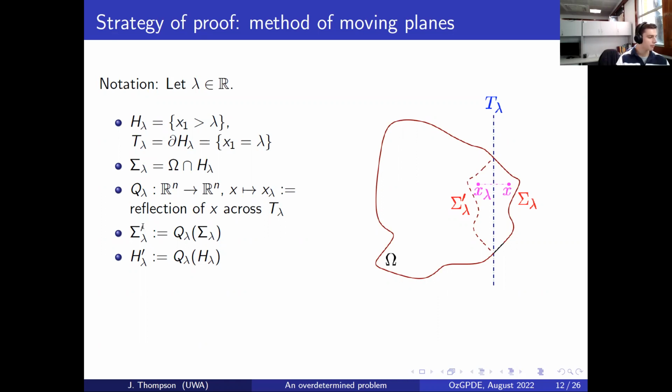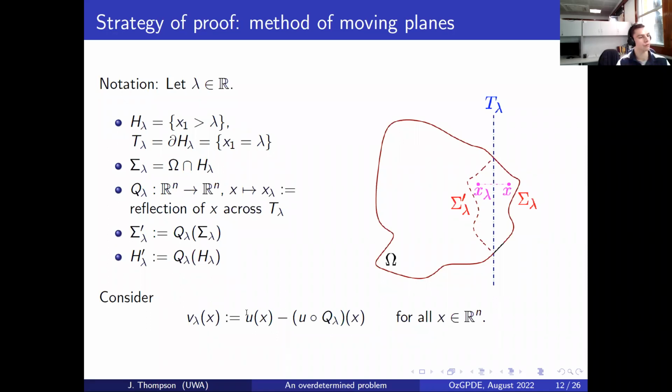And then I just put a little dash to denote the corresponding region that's been reflected to the left-hand side of the plane. And then the idea is we introduce a new function, which is the anti-symmetric part of u across this plane. So it's the odd part with respect to reflections across the plane.